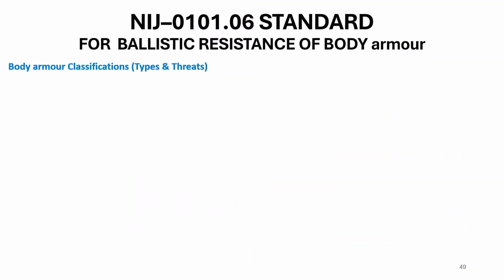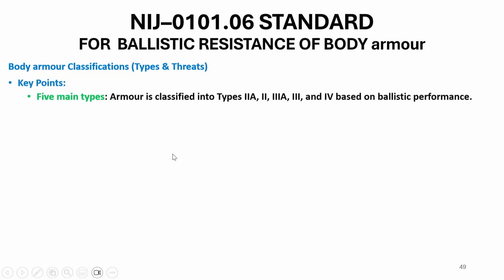As I have discussed, different types of classifications are there, and they depend on the threats. The classification is based on the type or threat level. You can see here the 5 main types that I have already mentioned: type 2A, 2, 3A, 3 and 4.